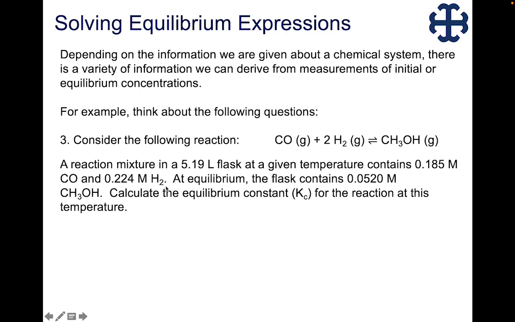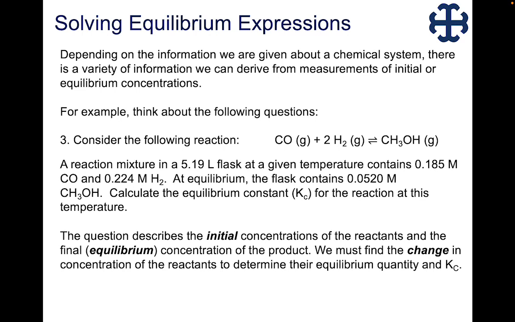In case it's not clear from this question, these are initial concentrations. So before anything happens, those are our initial concentrations. And then at equilibrium, our flask contains 0.0520 molar methanol. We're asked to calculate Kc for this reaction at this temperature.